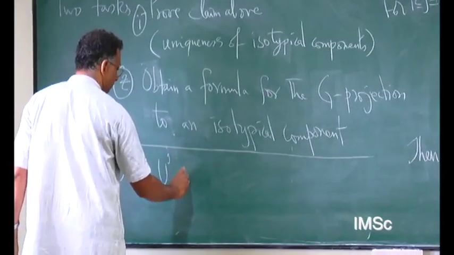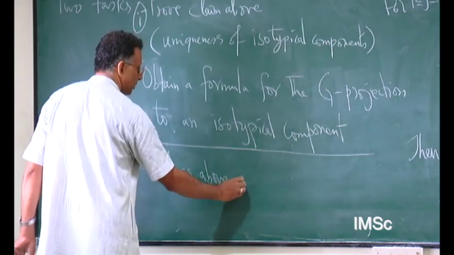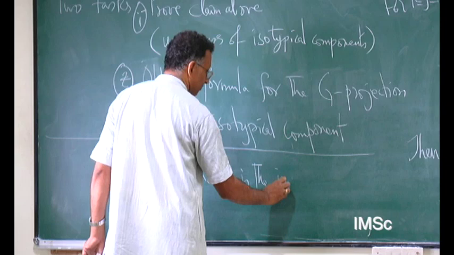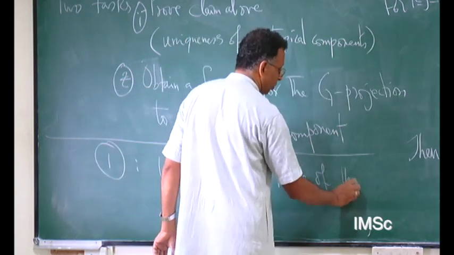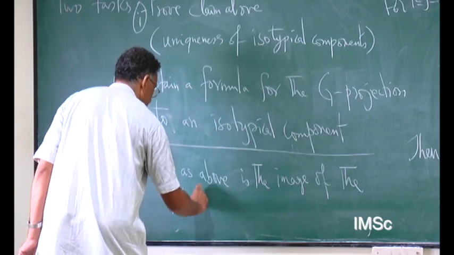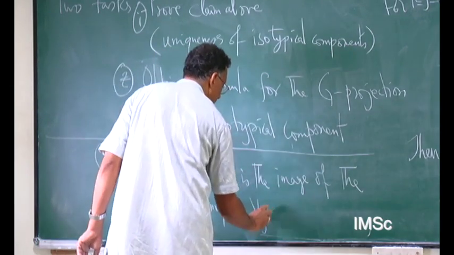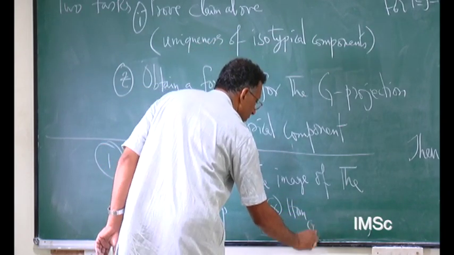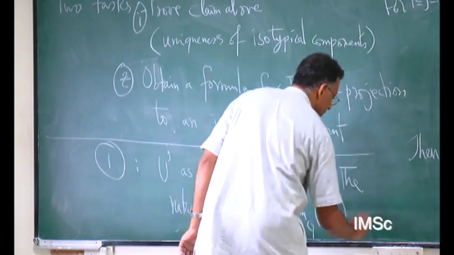Uj as above is the image of the natural map from Vj tensor Hom_G(Vj, V).